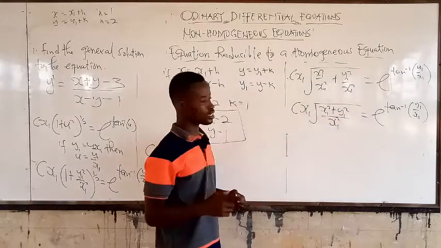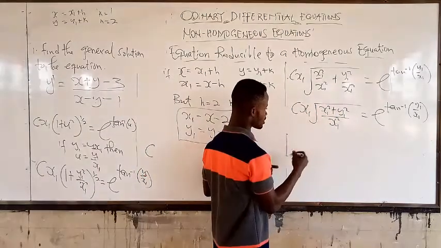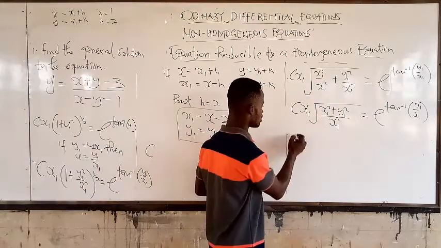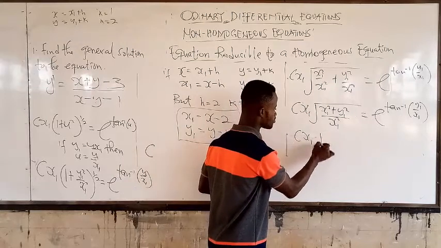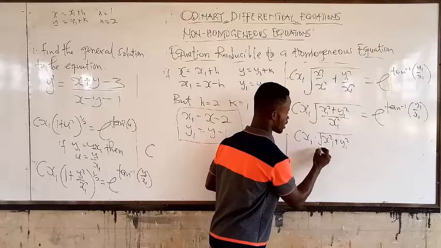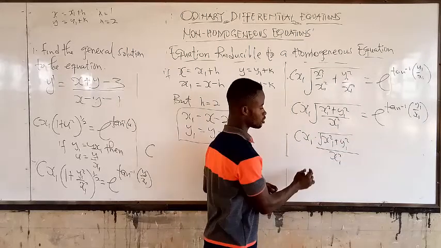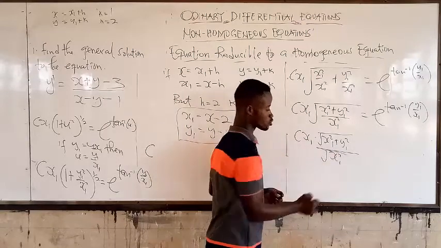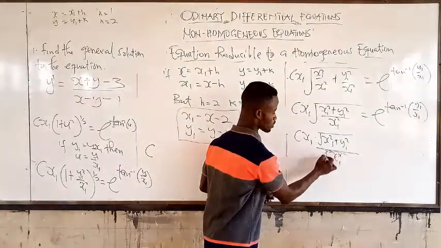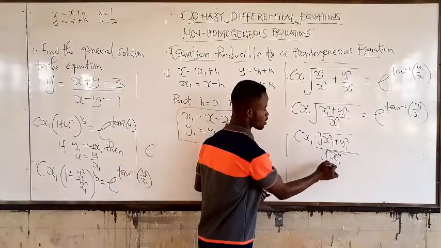Alright. And now look at something. When you take the square root of this, I'm going to do something right now. c x1 multiplied by square root of x1 squared plus y1 squared. Alright. And when you take the square root of this, you get x1. So this will cancel this, and the x1 will clear off this.